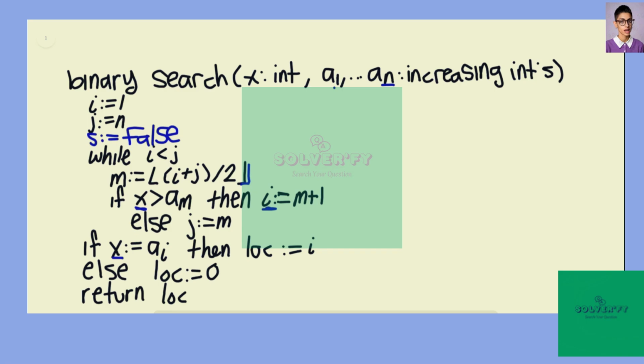All right, and then it's going to start about the same way, where we're going to take the roughly halfway index and check to see if x is larger than a sub m. But while we're doing this loop, we also need to add that we're doing it while i is less than j and s is false.